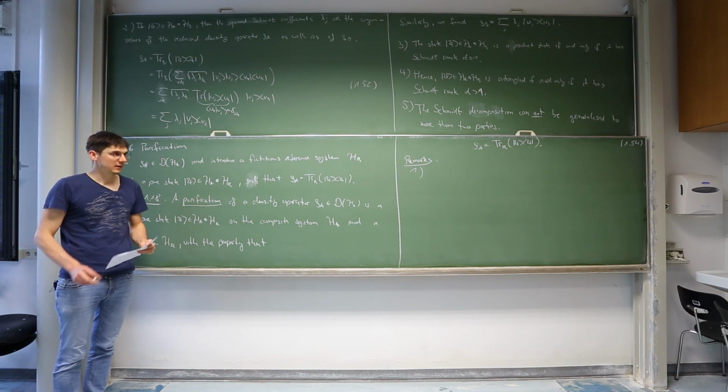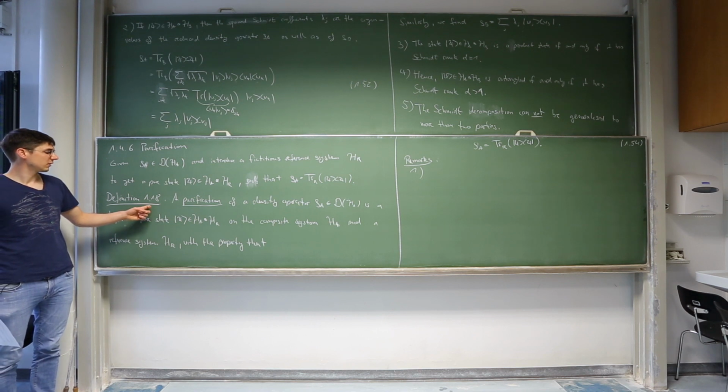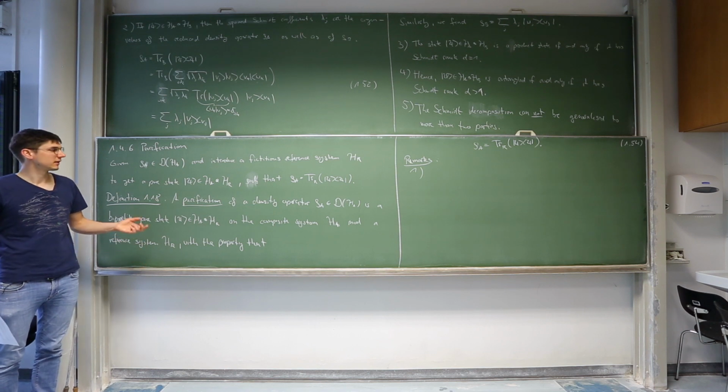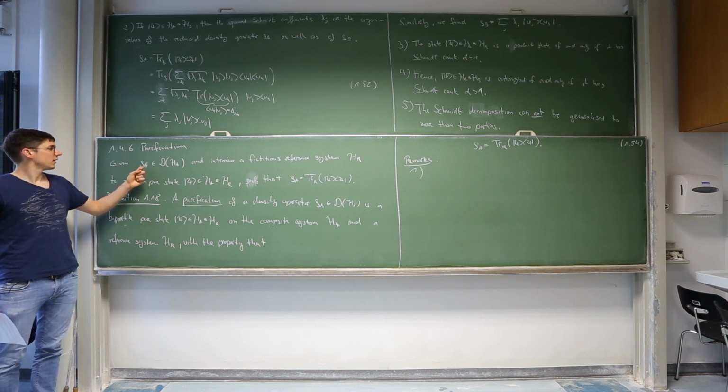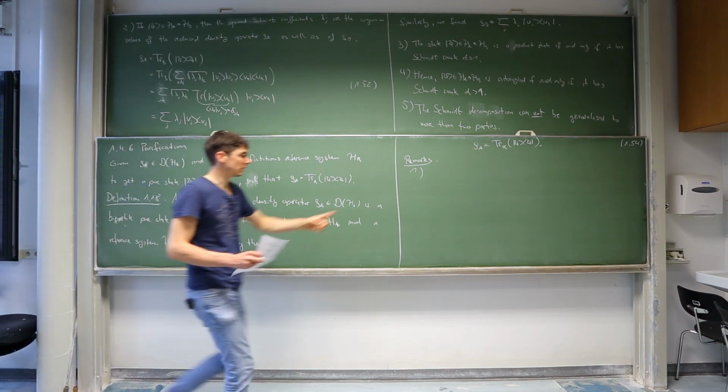And now the question comes up whether we can always find such a purification and how this purification would look like. So, meaning given such a state rho A, what would I have to do such that I get a purification? Okay? So this is our first remark.